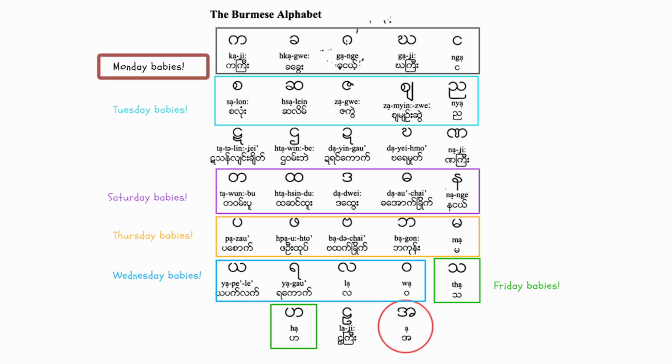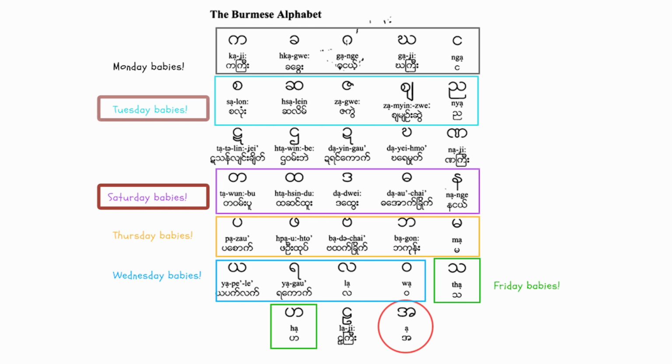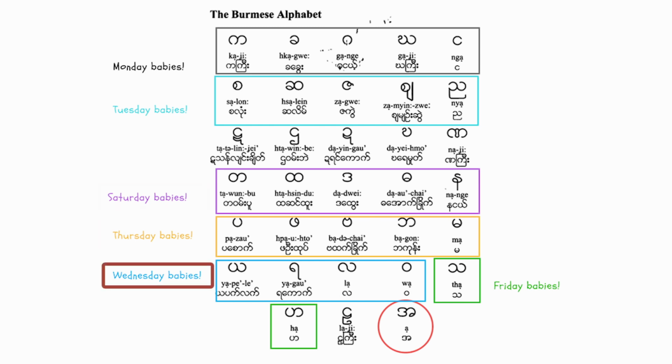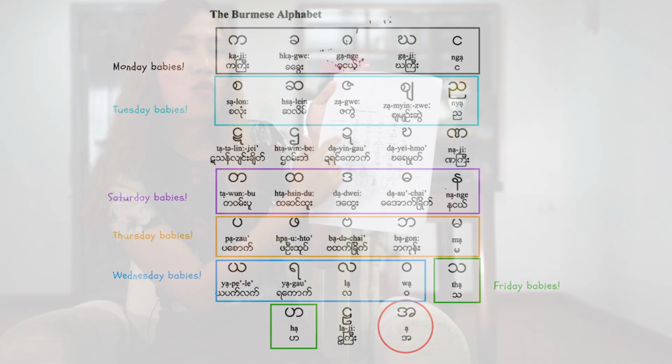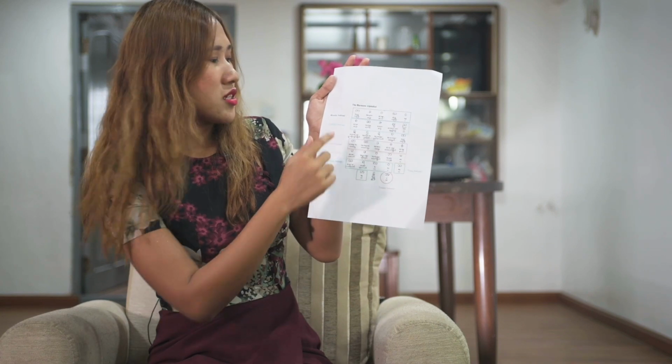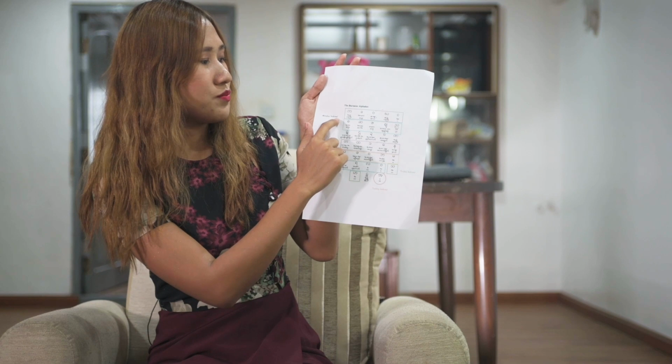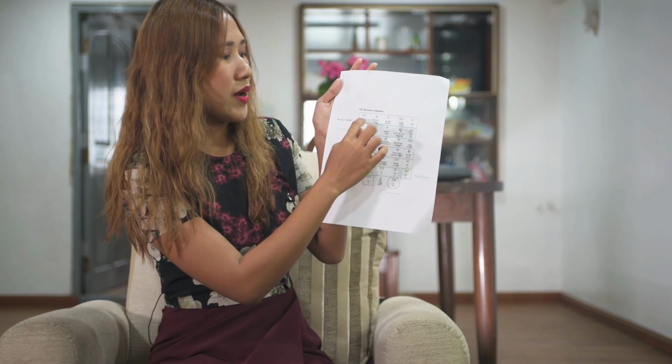Can you see the Monday babies, Tuesday babies, Saturday babies, Thursday babies, Wednesday babies? We have this only in Burmese. Monday babies means that if you are born on Monday, your name will start with these letters: Kaji, Kagwe, Kange, Kaji, Nga. Like my name, Myat Mo, starts with A, so A will be here.